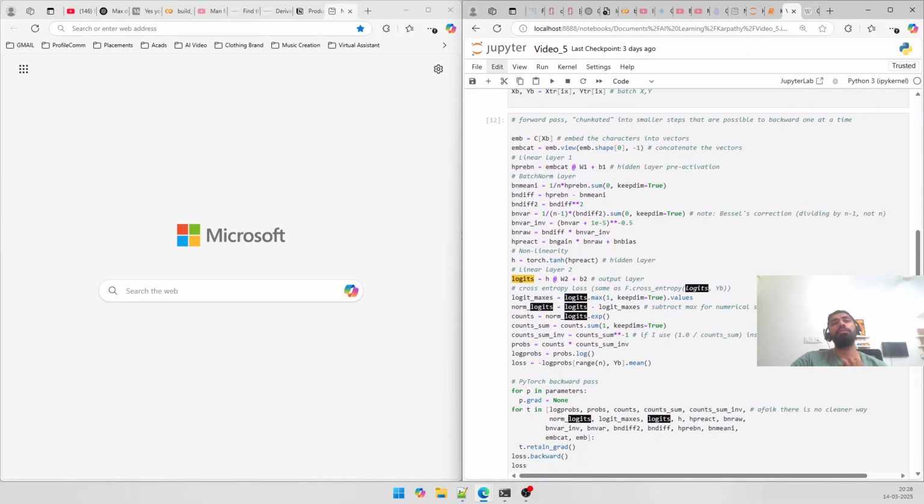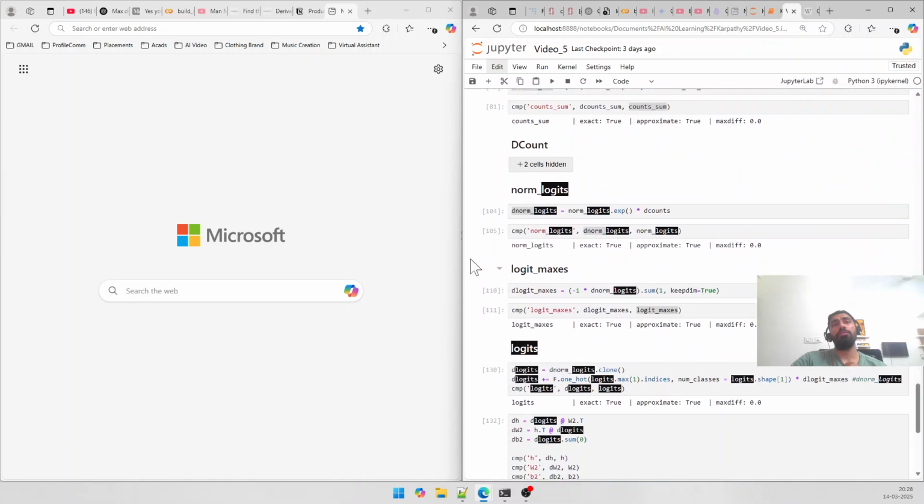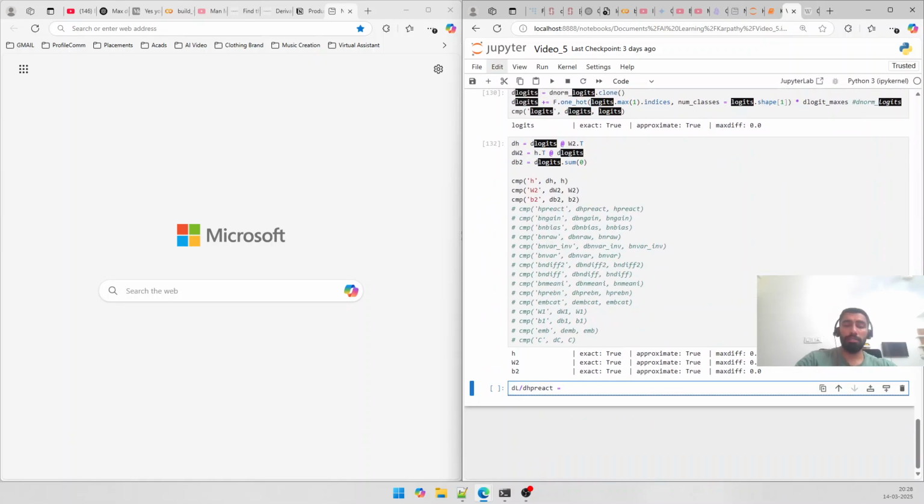HP React impacts H. That's it. HP React impacts H. So dl by dh into dh by d HP React.